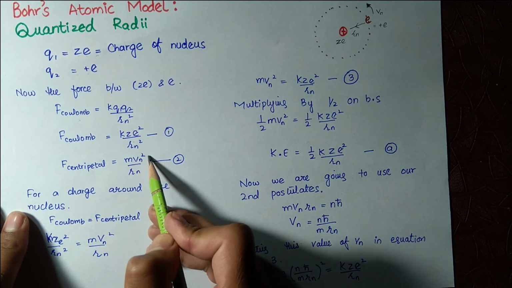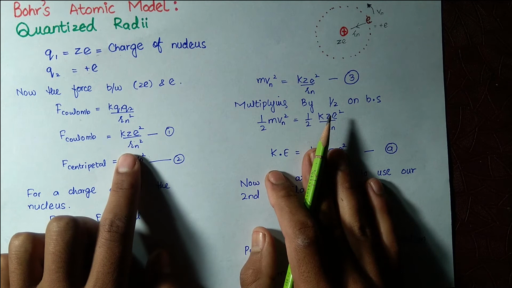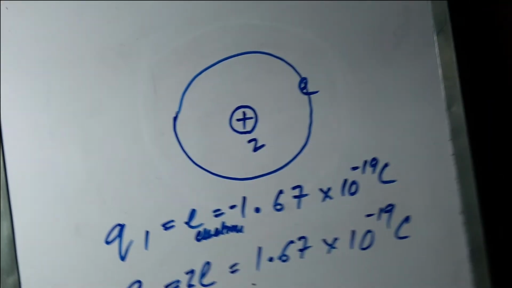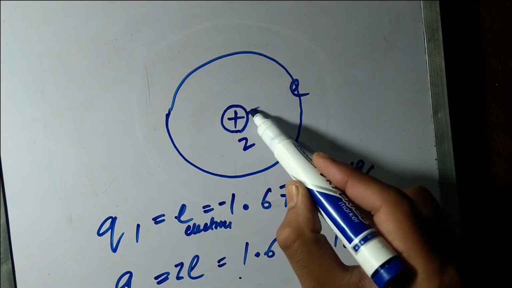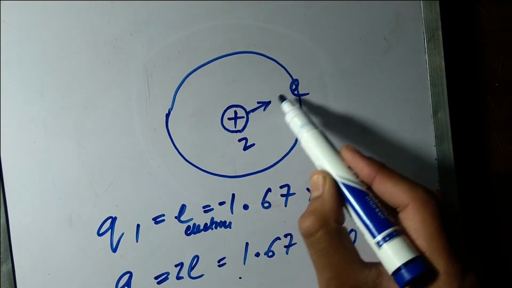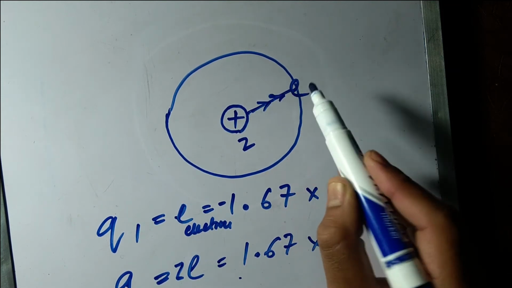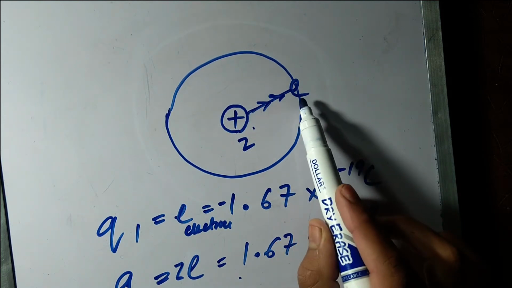Putting the value of Q1 and Q2 here, this is the force between the electron and the nucleus, from positive to negative.